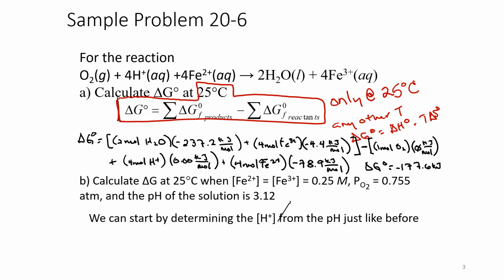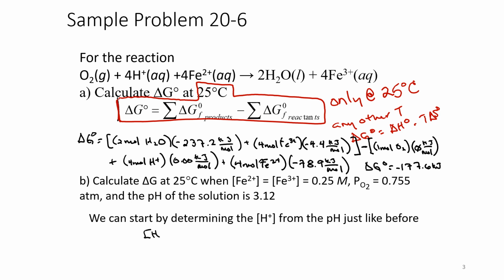Part B wants me to calculate delta G at 25 degrees Celsius when iron 2+ and iron 3+ are both 0.25 molar, the partial pressure of oxygen is 0.755, and the pH is 3.12. So if we find the H+ concentration, that'll give us everything we need to plug in for our Q value.